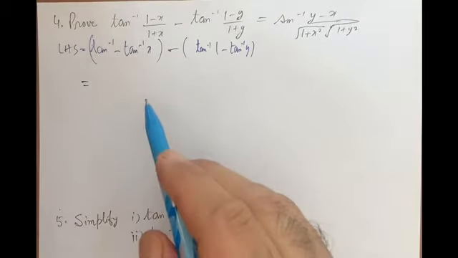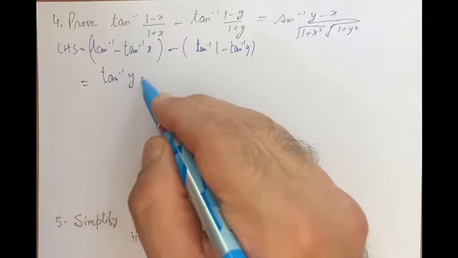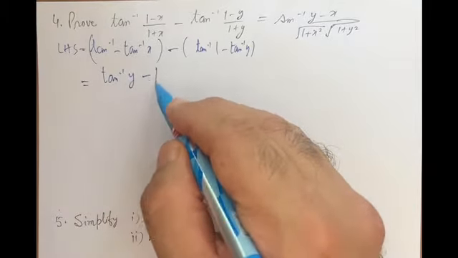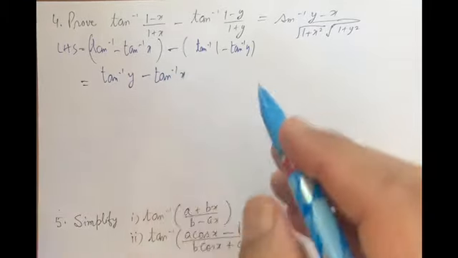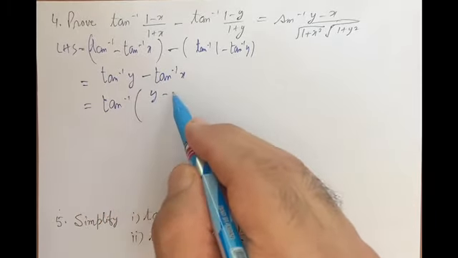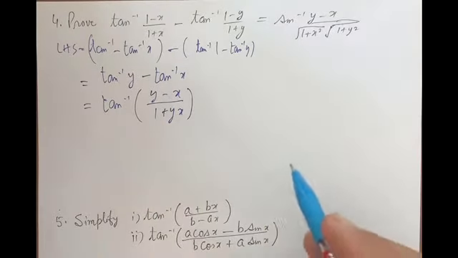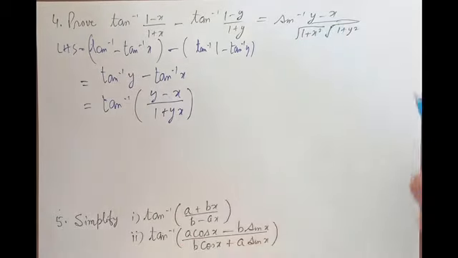When we open brackets, tan inverse of 1 will cancel out. It's tan inverse of y minus tan inverse of x, which is tan inverse of y minus x upon 1 plus y into x.